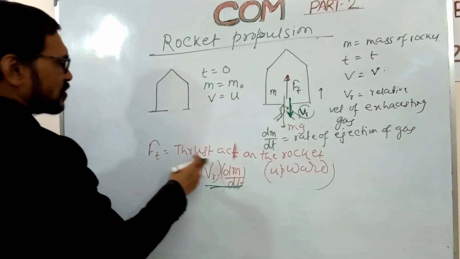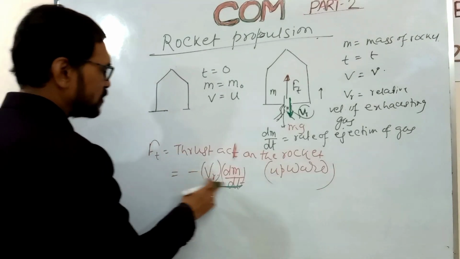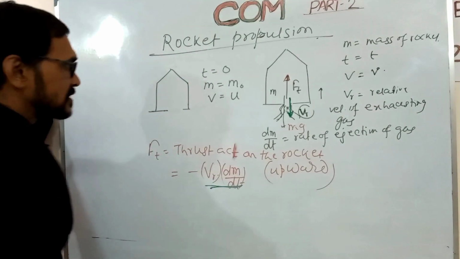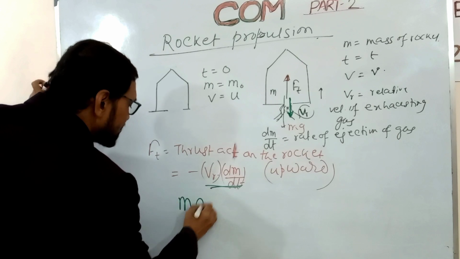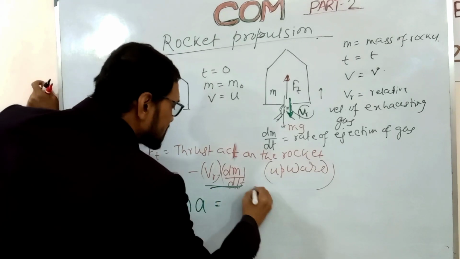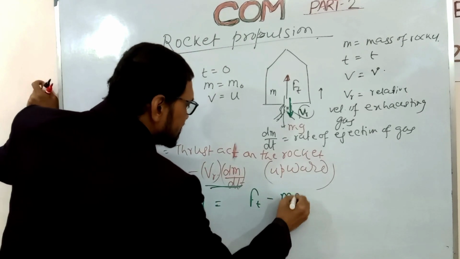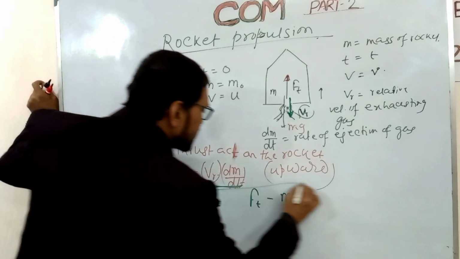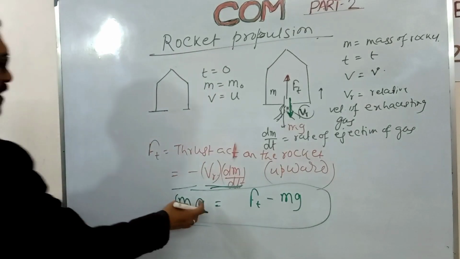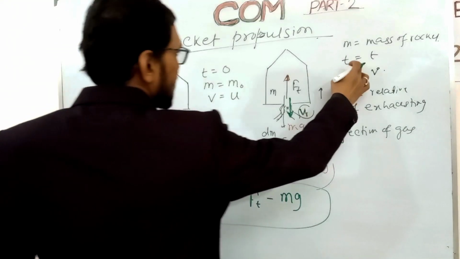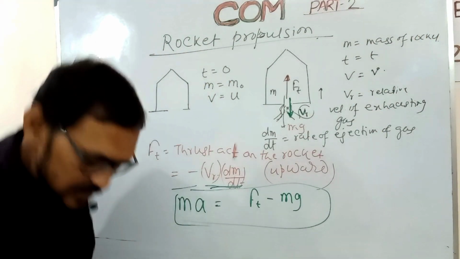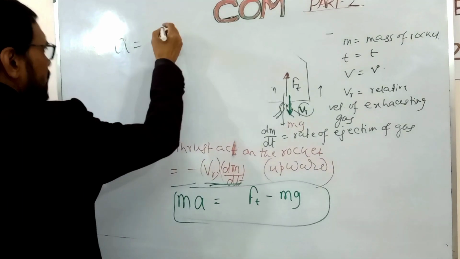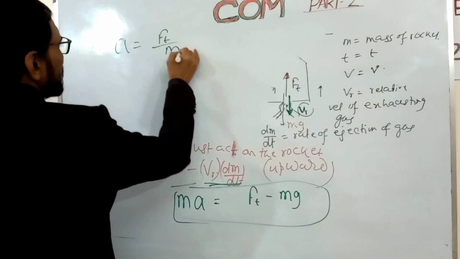Now the total acceleration at any moment: mass into acceleration equals thrust minus mg. This is the equation of motion for the rocket. Here m is the mass of the rocket at t seconds. So a equal to Ft by m minus g.